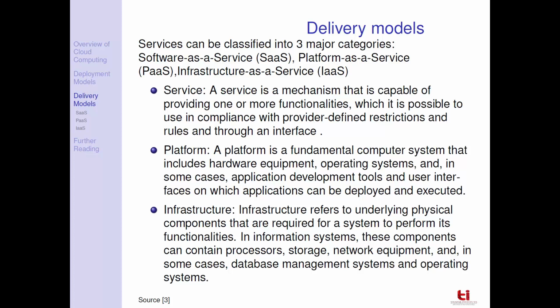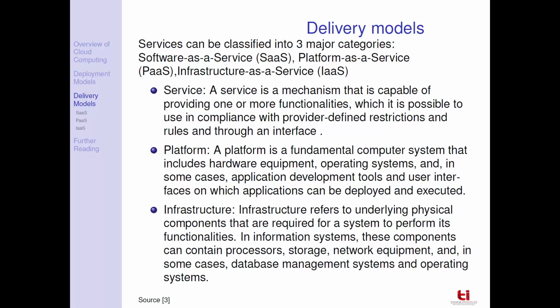So what would infrastructure refer to in an IT system? It will refer to a processor, storage, network equipment, and in some cases also database management system and operating systems. So we have seen three definitions: what is a service, what is a platform, and what is an infrastructure.